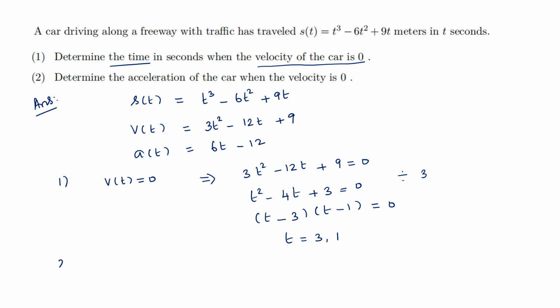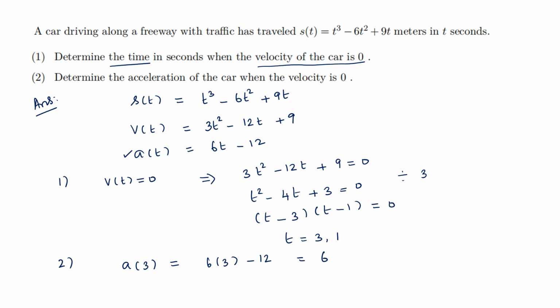Second question. Determine the acceleration of the car when the velocity is 0. So velocity is 0 means t equal to 3 and t equal to 1. So a of 3 we have to find out and a of 1 we can find out. What is a of 3? In a of t, replace t by 3. So 6 times 3 minus 12, which is equal to 6.